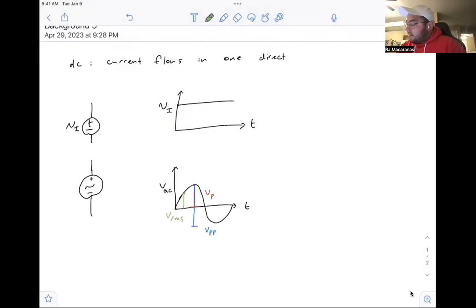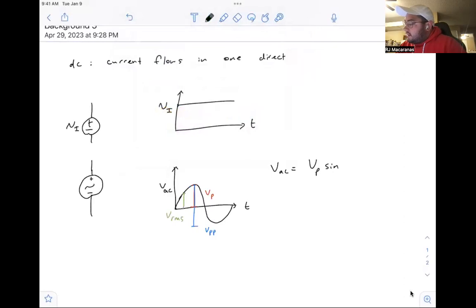And so RMS is, if you had whatever sinusoid, well, let's just write it out. VAC is equal to VP times this cosine. Or it's actually a sine that I've drawn out.